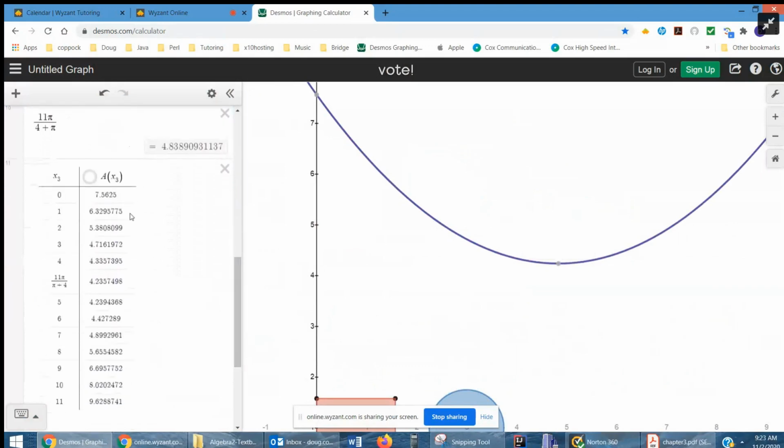And here's a little table showing you that as the x value goes through these values, it looks like 11 pi over pi plus 4 generates the minimum total area, 4.2357498. Any other number that you cut the wire at x will give you a larger total area.